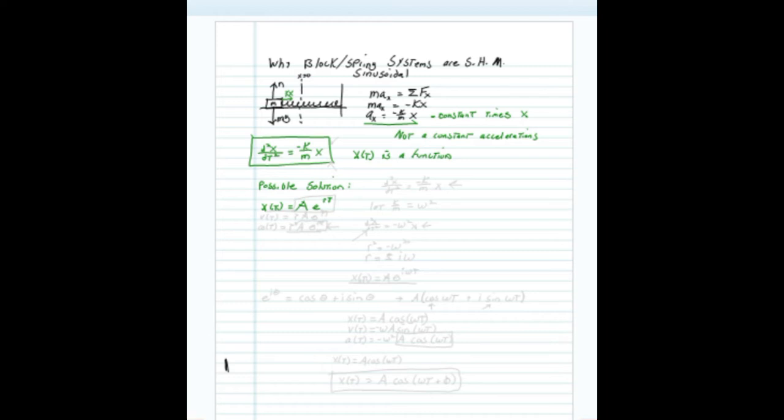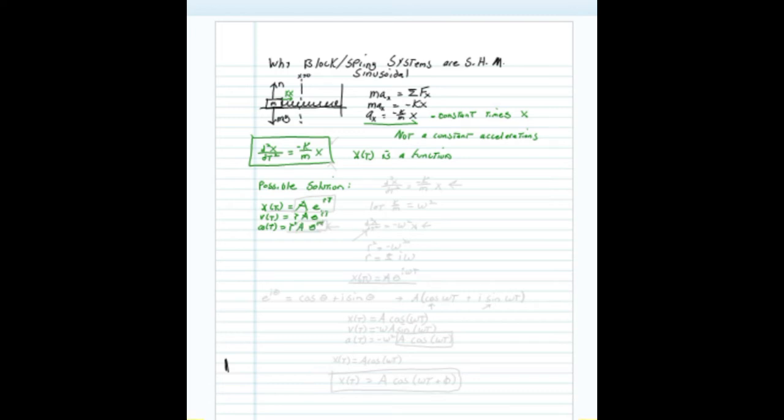If we take the derivative of x of t, we would get v of t. And if you take the derivative of a times e to the rt, the r comes out in front. This is chain rule. So we get r a e to the rt. And if I take the derivative of that again to get the acceleration, I would get r squared a e to the rt.